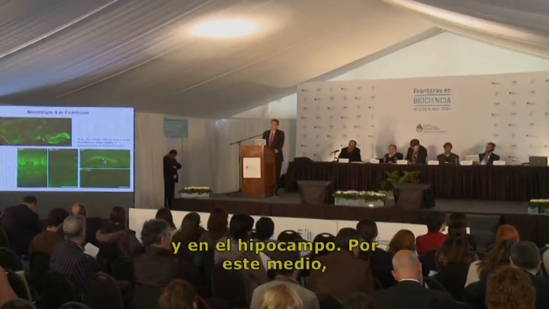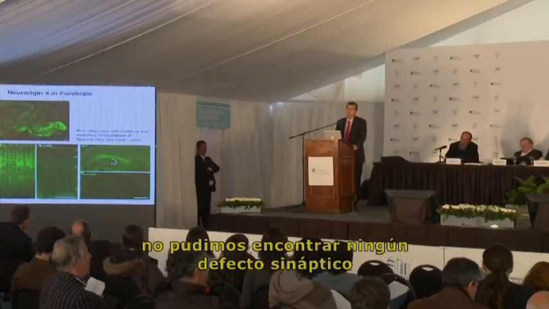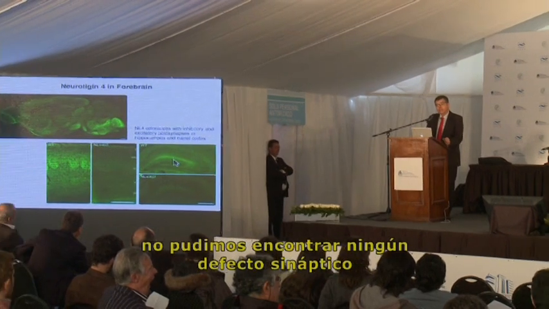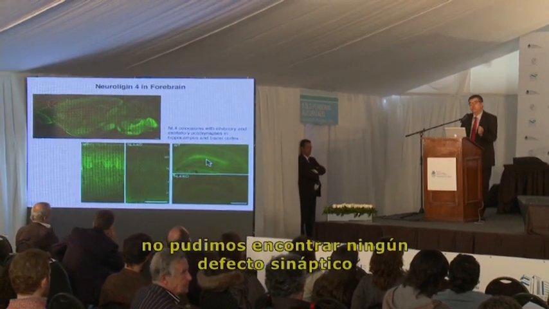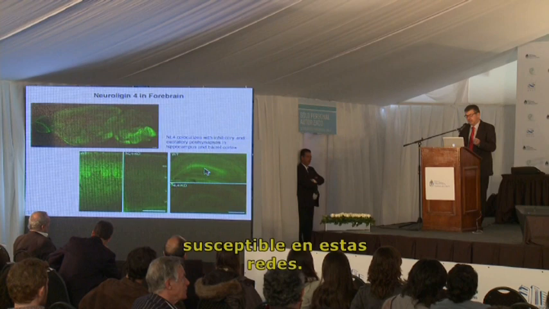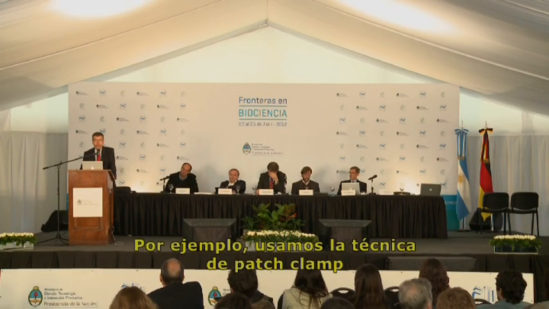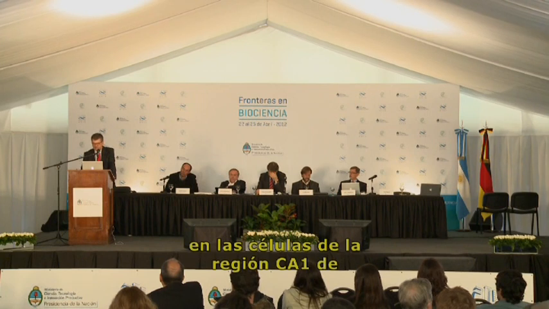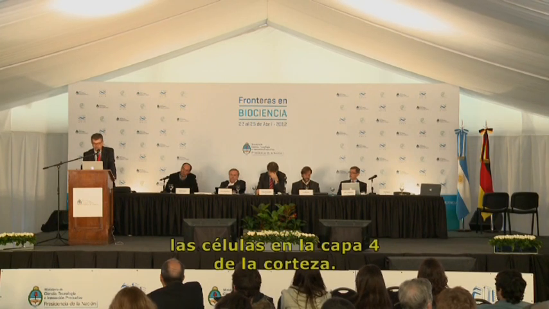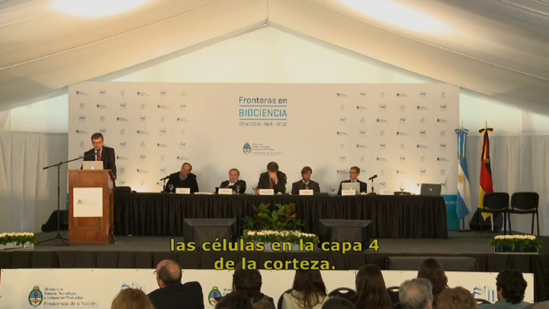Now with this information we set out to do experiments in the somatosensory cortex and in the hippocampus, and to our dismay we were really not able to find any clearly measurable synaptic defect in these networks by, for example, patch clamp recordings from cells here in the CA1 region or from cells here in layer 4 of the cortex.